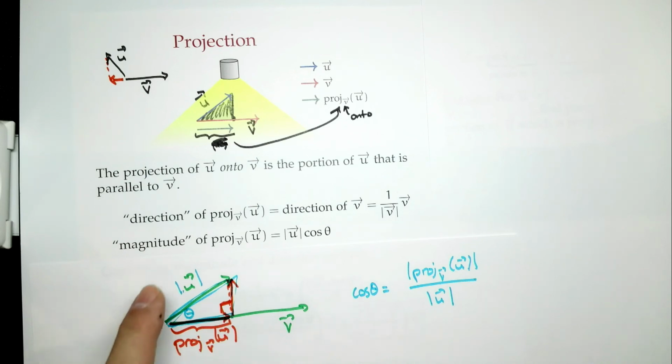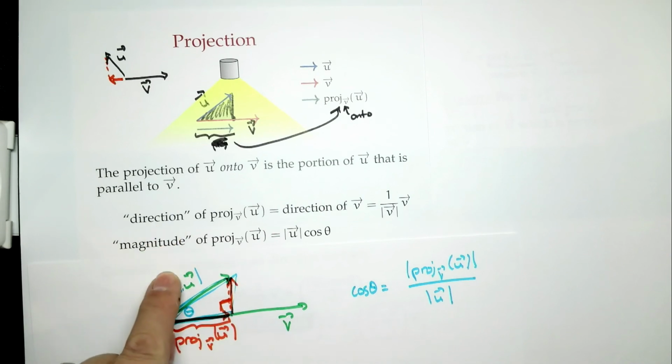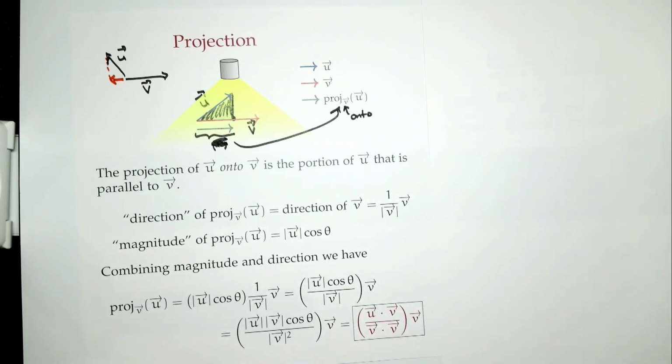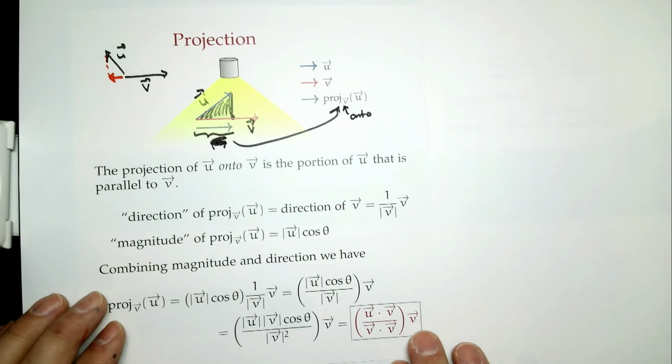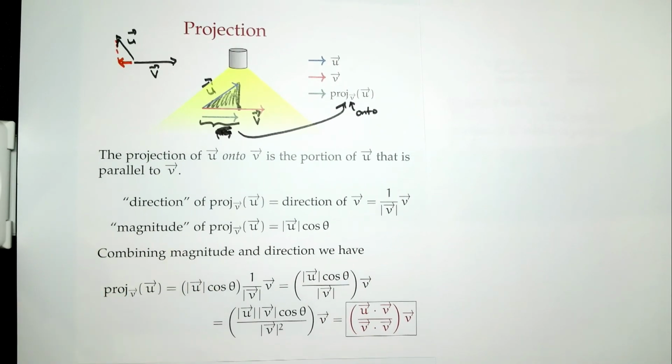But here's the beautiful thing: when the direction is the wrong way, the magnitude is the wrong sign, so the two quotes cancel each other out. Ah, two wrongs do make a right. Okay, so here we go, combining magnitude and direction. We have that the projection of u onto v is the magnitude, which is the size of u times cosine theta, times the direction, 1 over the magnitude of v times v.